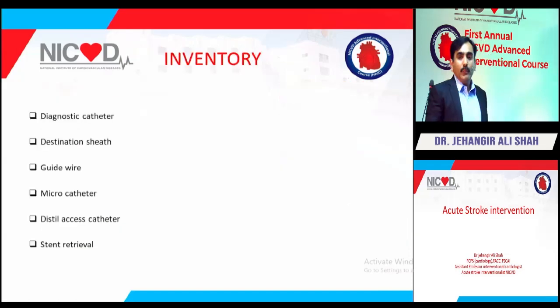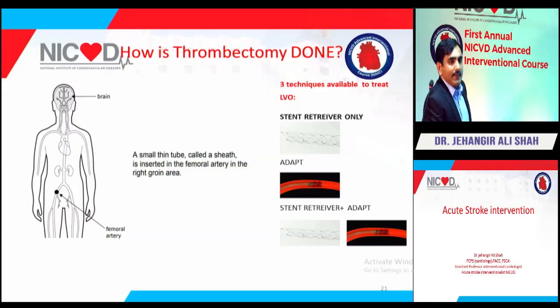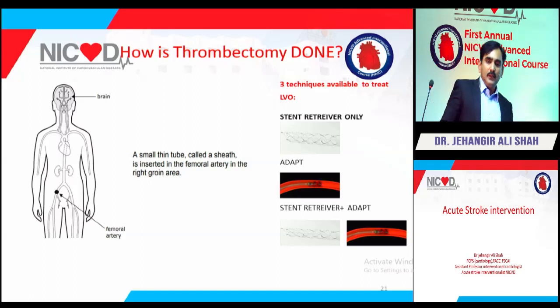How is thrombectomy done? What are the access sites? You have a femoral access option, a brachial access option, and in some conditions you can even use the transcarotid access site. You pass a sheath to do the diagnostic angiogram to confirm the findings, though most of the findings will be shown by CT scan and CT angio.